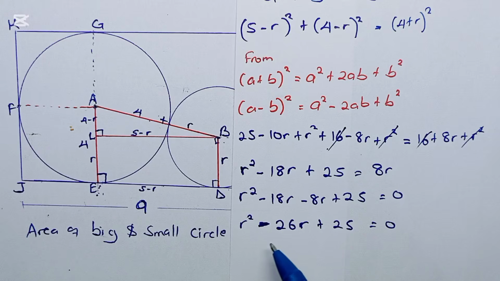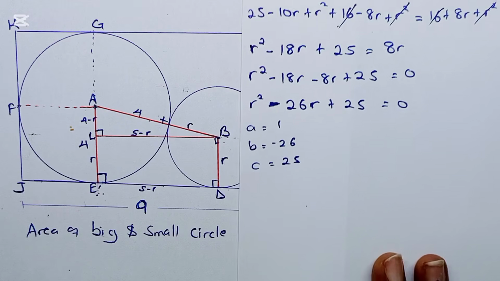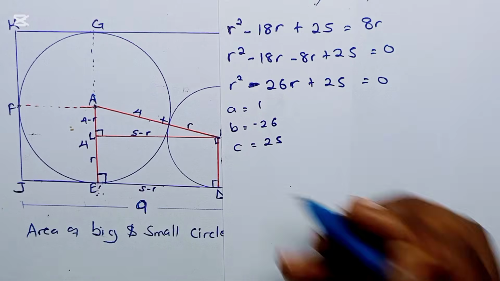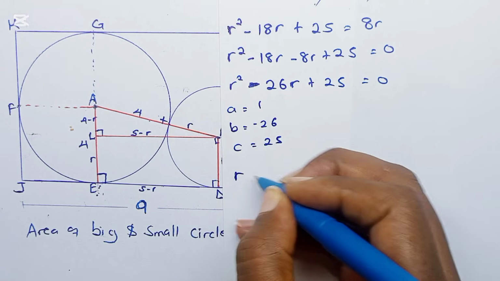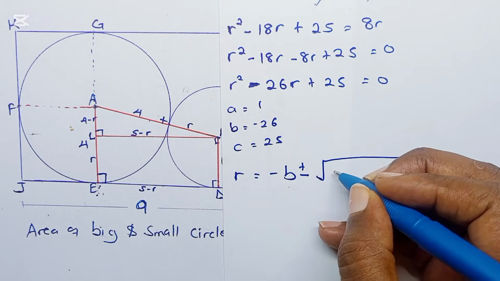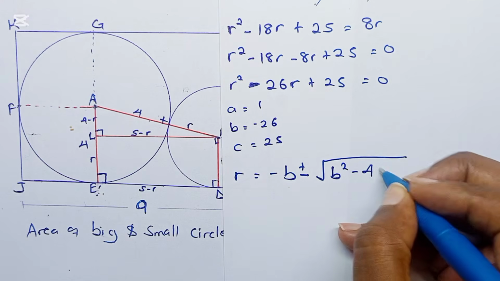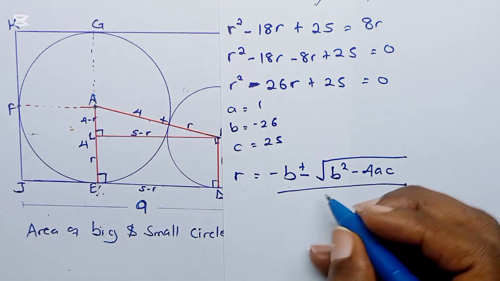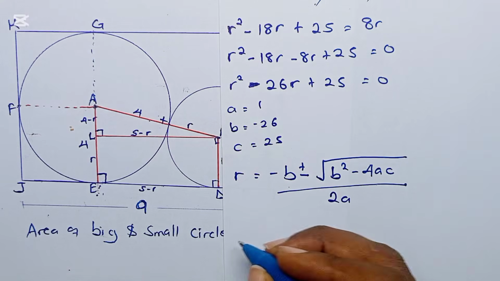As you can see, now we have a quadratic equation where our a is 1, b is negative 26, and c is 25. Okay, so we're going to solve using the quadratic formula. R will be equal to minus b plus or minus root of b squared minus 4ac over 2a.